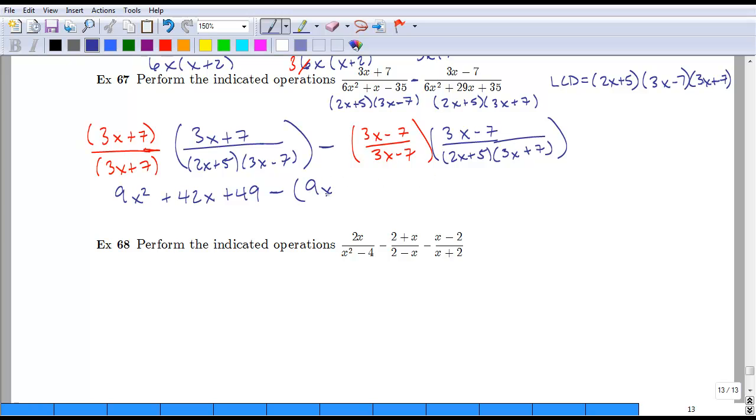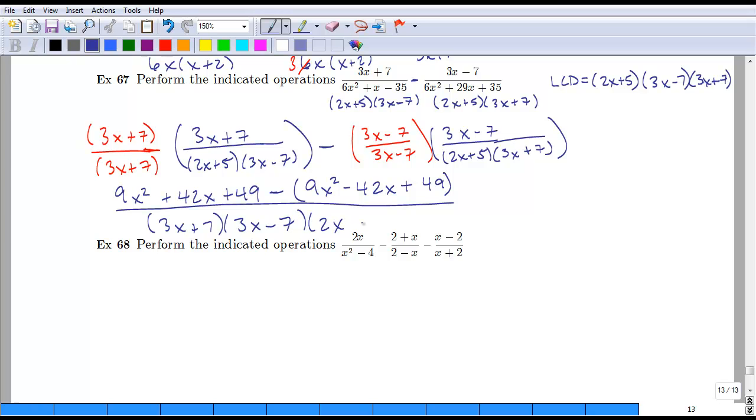We end up with 9x squared minus 42x plus 49, all over our common denominator, 3x plus 7, 3x minus 7, and 2x plus 5. And it doesn't matter which order I write these denominator pieces in. It's the same least common denominator. We don't have to worry about the order for these factors because multiplication is commutative.